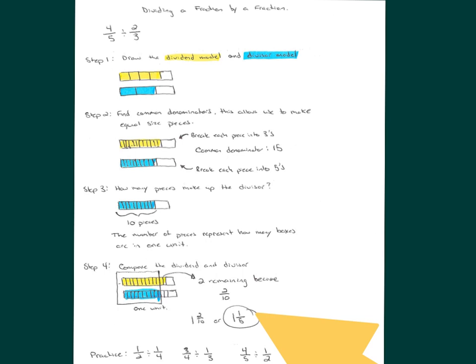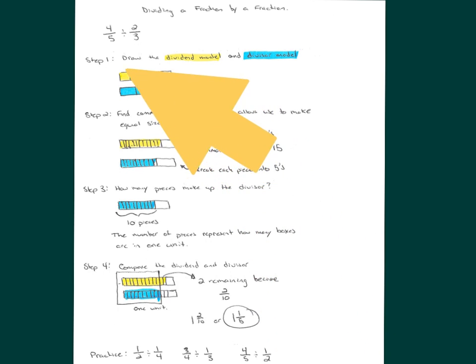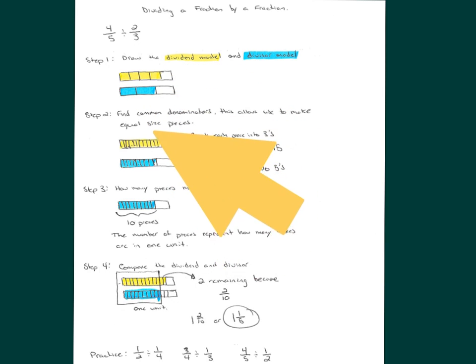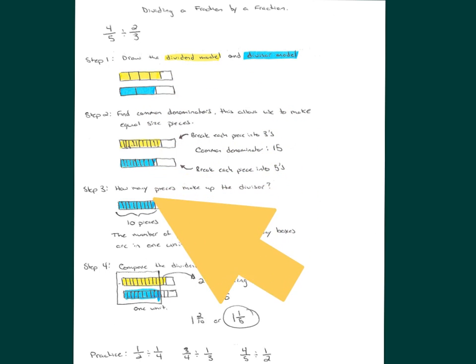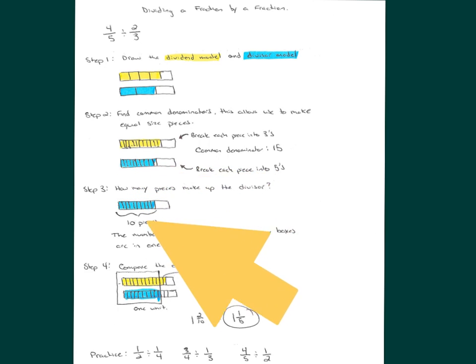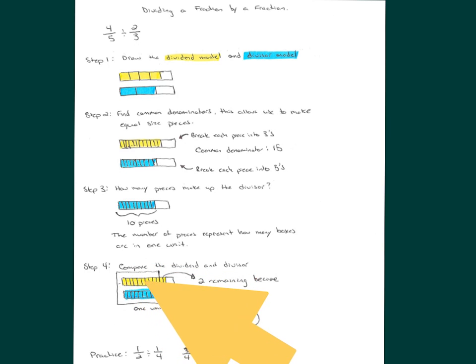So as we look through here, the key is look at your units. What do they visually look like? Find that common denominator. Figure out how many sections of it make up that divisor. So now I'm thinking, well, I know that there's 10 of these make up 1 unit. So then map them out here.